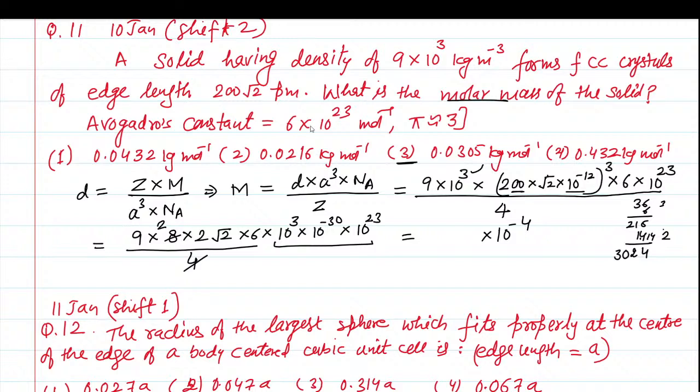I have taken only 1.4, not 1.414. If we take the whole thing, it is about 305. Okay, so the approximate value comes out to be 302.4, that is 0.03024 kilogram per mole. Option C is correct.